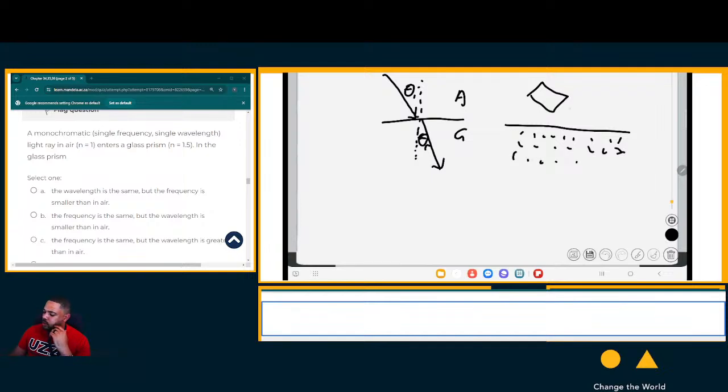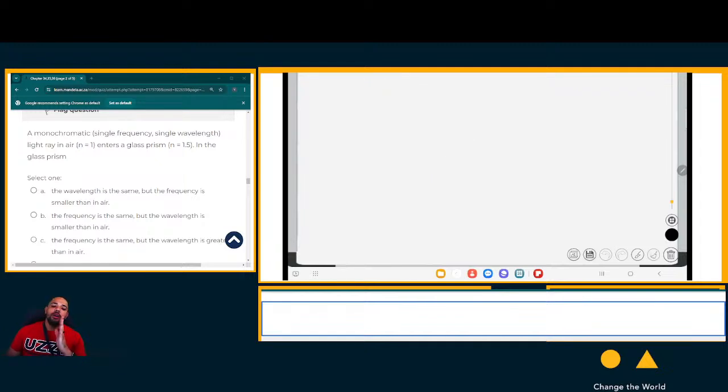The front wheel hitting the grass is going to go slower, but the other wheel is still going at its normal speed. So it's going to bend towards the normal. That's how you can think of this. Whenever a light ray enters a medium with a higher index of refraction, the light is bent towards the normal.